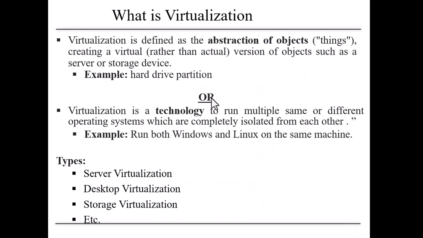What is virtualization? Virtualization is another property that is used in the layer-based approach. Virtualization is defined as the abstraction of objects, creating a virtual version of objects such as a server or storage device. Examples include hard drive partitioning.